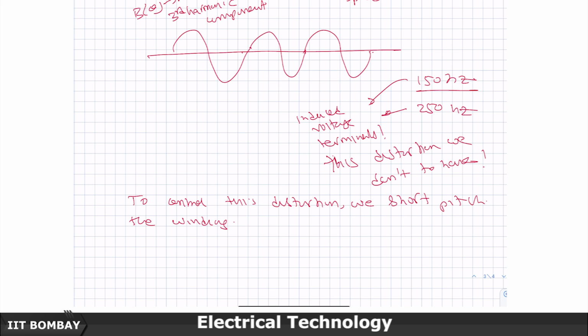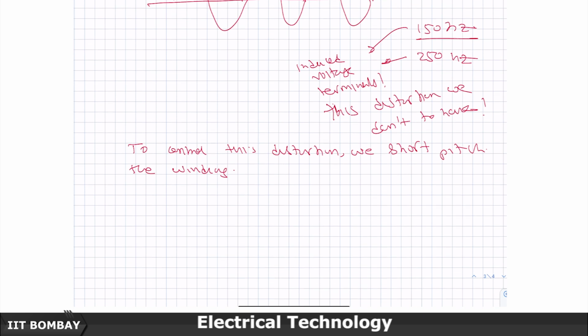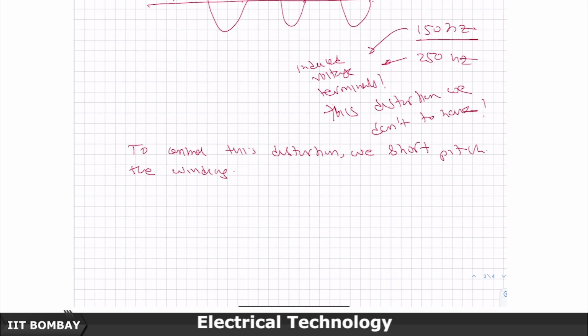So, this is the next concept that we are discussing today, which is the short pitching of the winding. So, let us say that a pole pitch is what? Electrically it is 180 degree. So, when I go from north to south electrically I cover 180 degree.